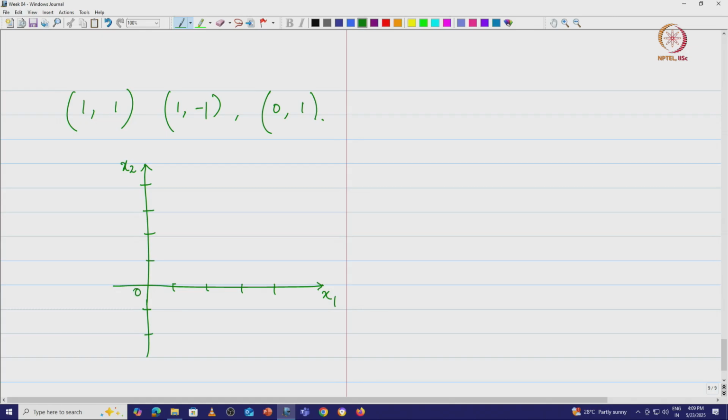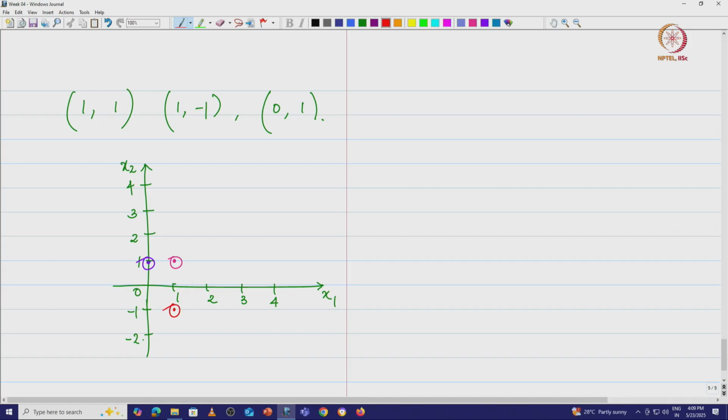The first point is 1 comma 1, here is the point. The second point is 0 comma 1, that is here, and the third point is 1 comma minus 1, and that point is here.